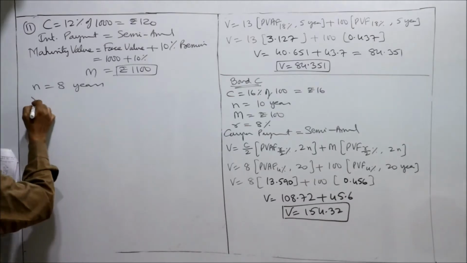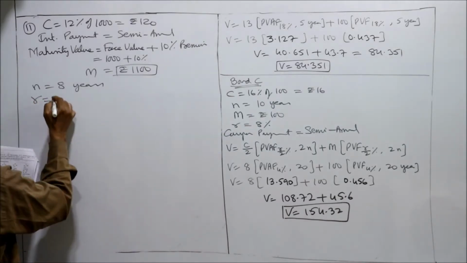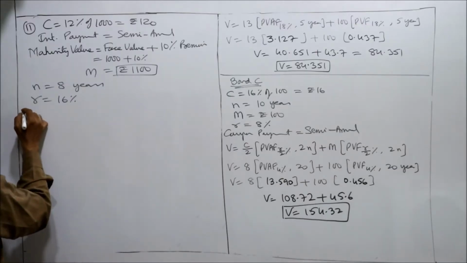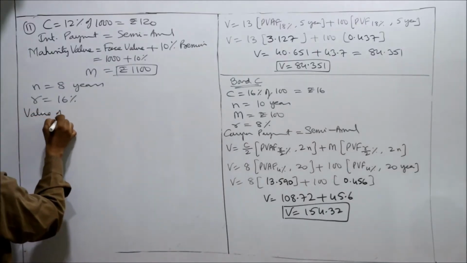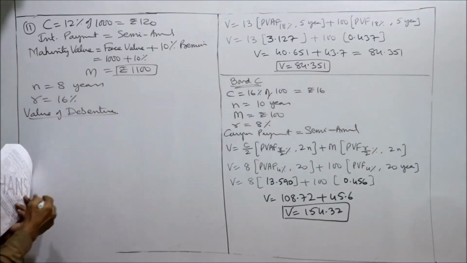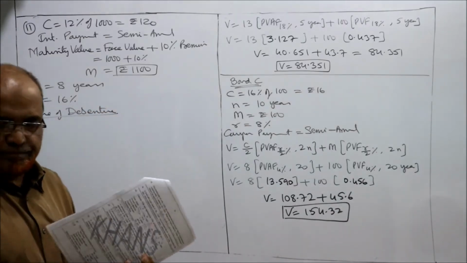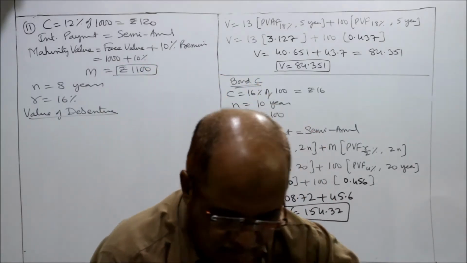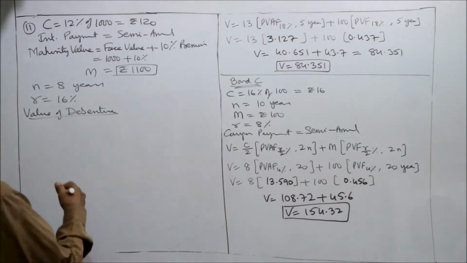Required rate of return R is equal to 16%. Calculate the value of the debenture. It is semi-annual, so again we have to divide it by 2.